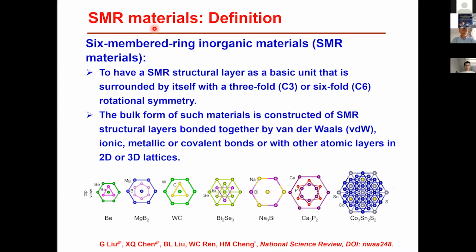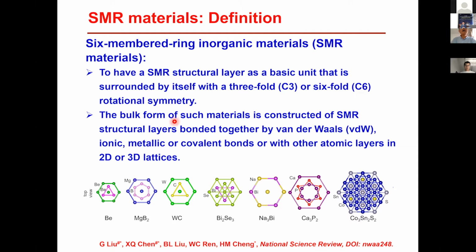So basically, we focused on inorganic materials. So we think six-member ring materials should have a six-member ring structure layer as a basic unit with a three-fold or six-fold rotational symmetry.